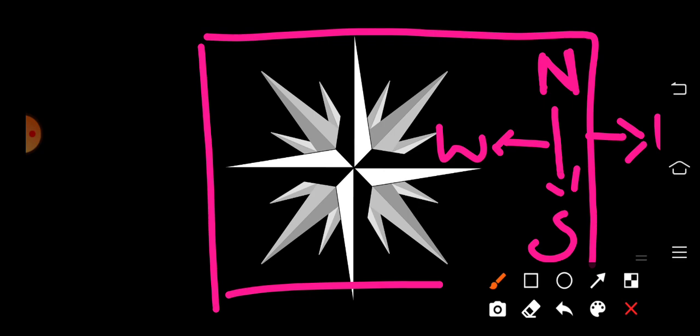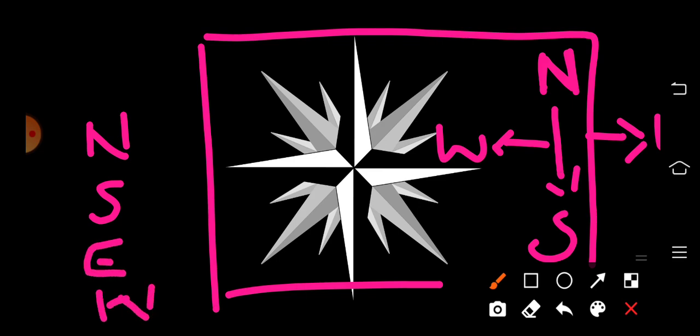They are known as cardinal points. So which are the cardinal points? North, south, east and west. So these are the 4 important directions. And we can also find some other directions, intermediate directions between the cardinal points. For example, here you can see another direction between north and east.